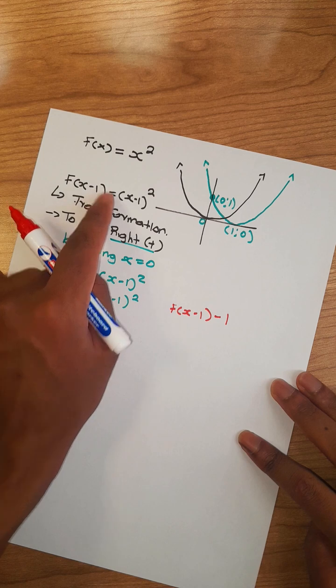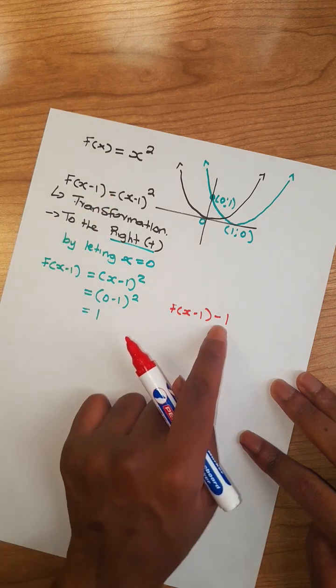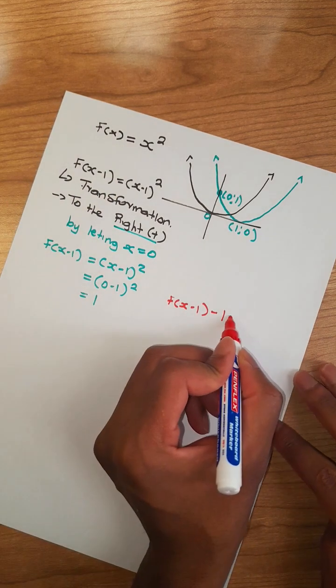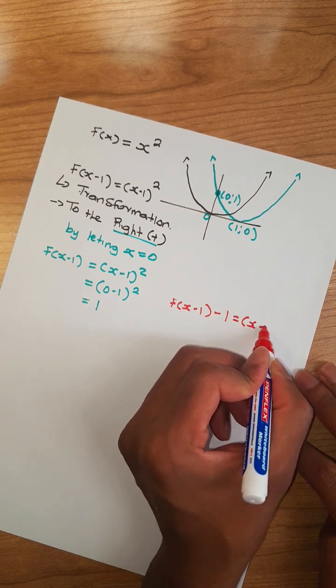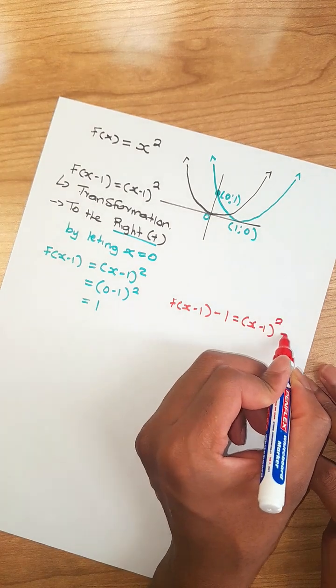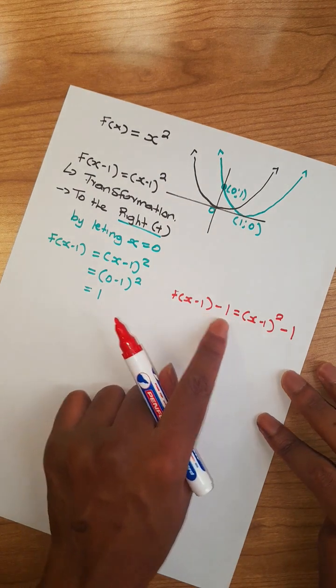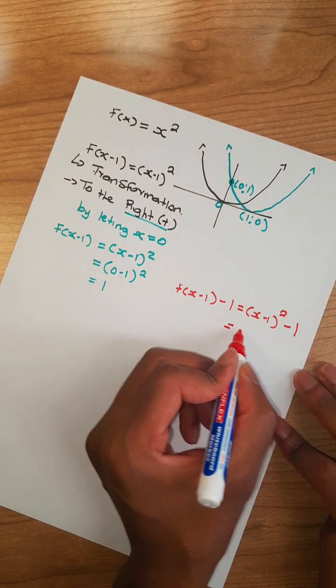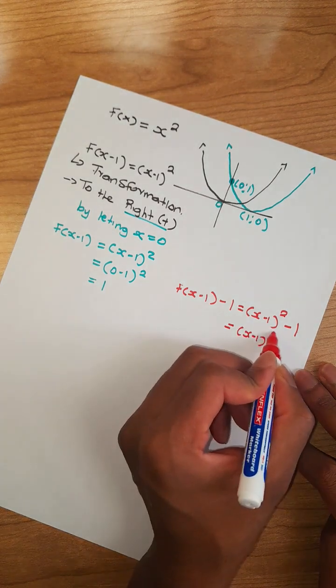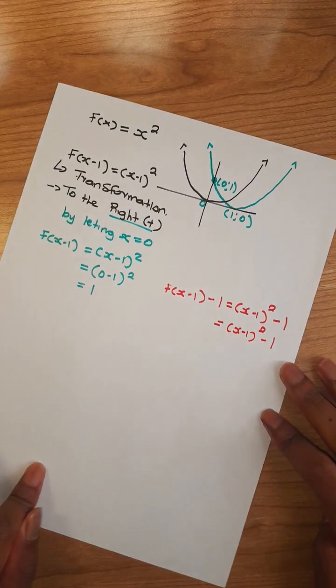But after shifting 1 unit to the right, we are minusing 1. So what are we going to have? We're going to have (x minus 1) squared, and outside we also minus 1. So now you have this function, (x minus 1) squared minus 1.